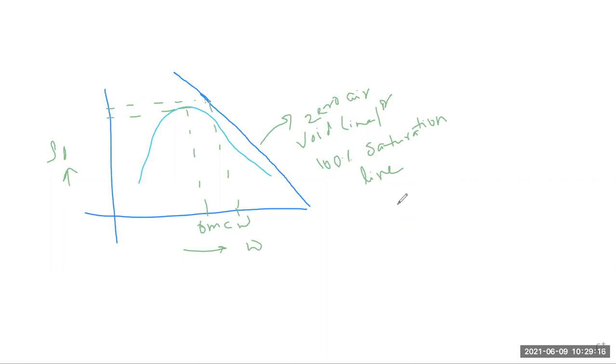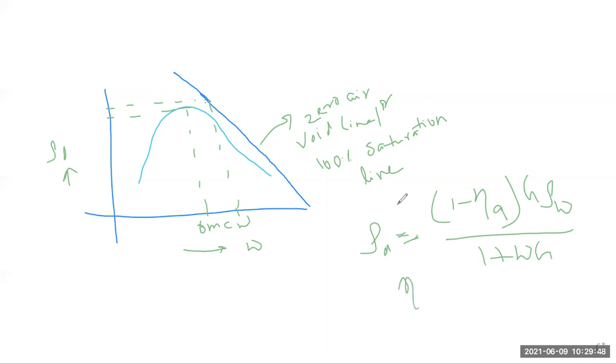This line gives an equation that is rho d equal to (1 minus Na) rho w upon 1 plus w G. This formula is also seen earlier. So the theoretical maximum compaction of soil at a given water content corresponds to the zero air void condition, means percentage of air is 0.